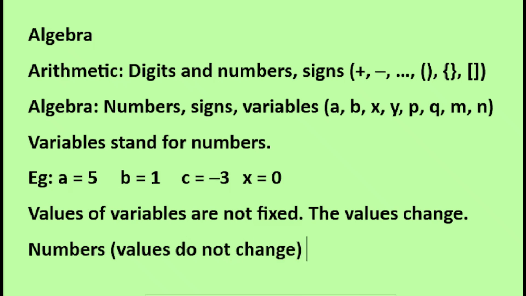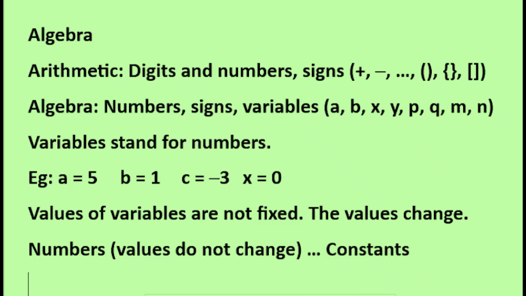Whatever you have in chapter 1, chapter 2, question number 1, question number 2, question number 10, 5 is always 5, 3 is always 3, minus 1 is always minus 1. So they are called constants. Values do not change, they are called constants.